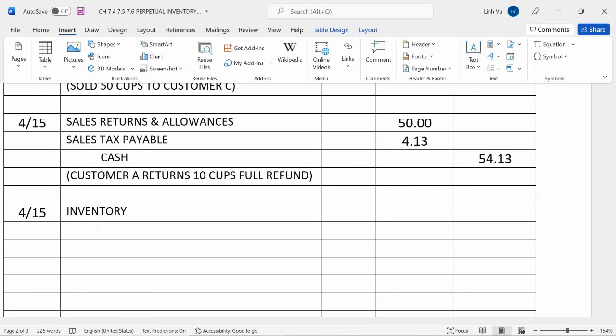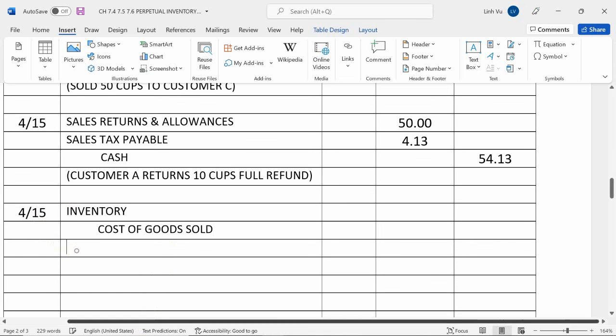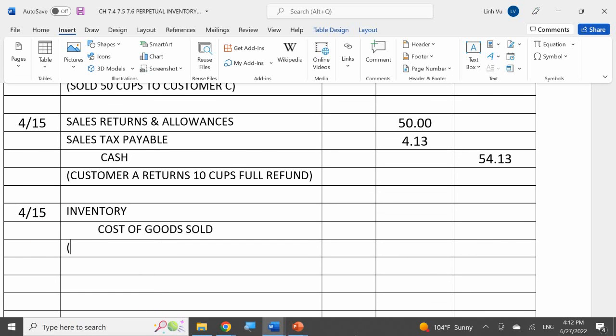It goes into cost of goods sold, doesn't it? You've got to reverse the cost of goods sold because it's as if you never sold it. And I can make my note again: customer A returns 10 cups.